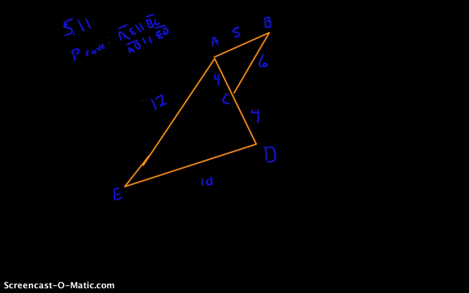And so what they're asking us to prove is that AE is parallel to BC and AB is parallel to ED. So the way we do this is by using similar triangles. So we say AB over DE is equal to AC over AD, which is equal to BC over AE.